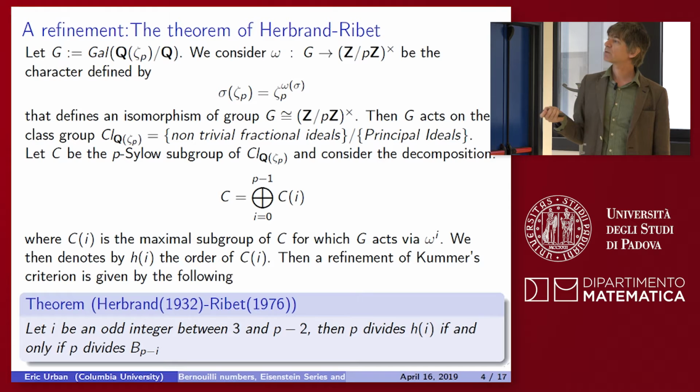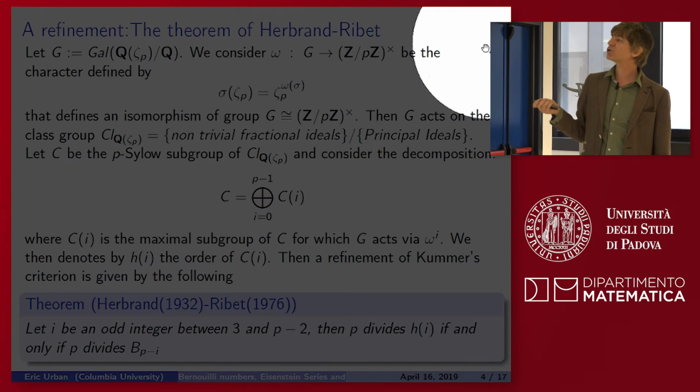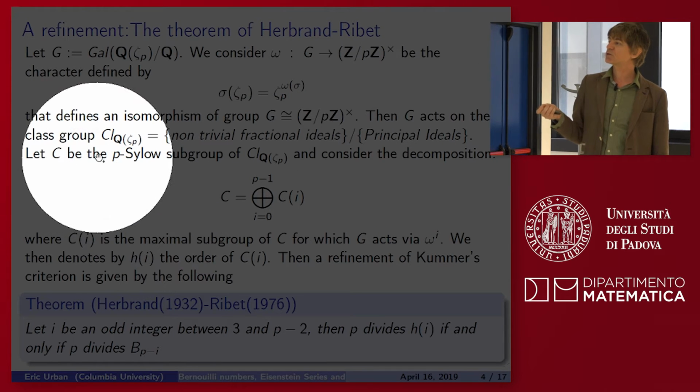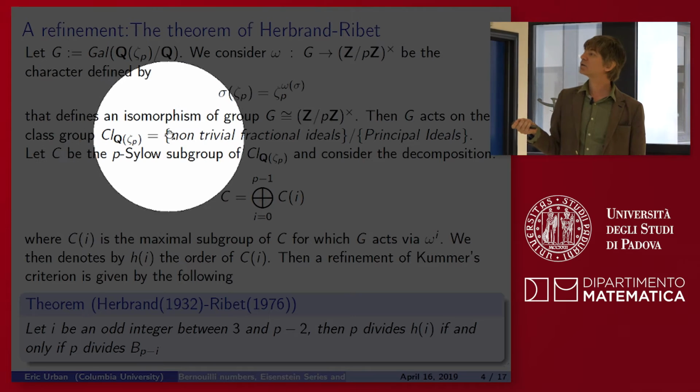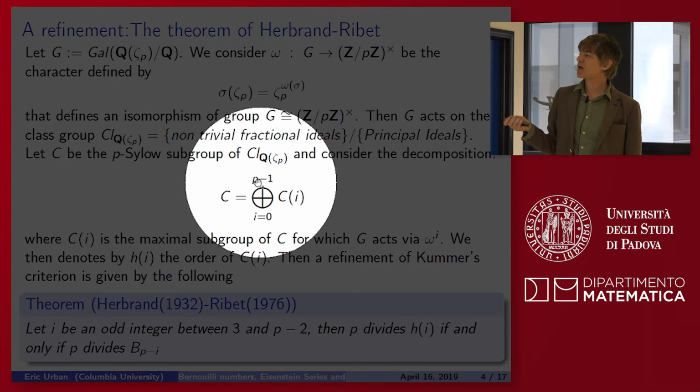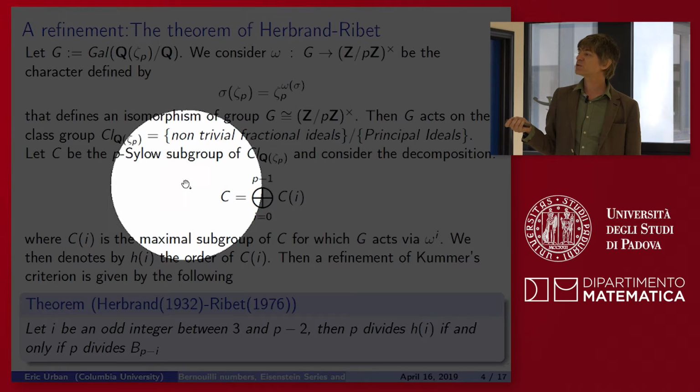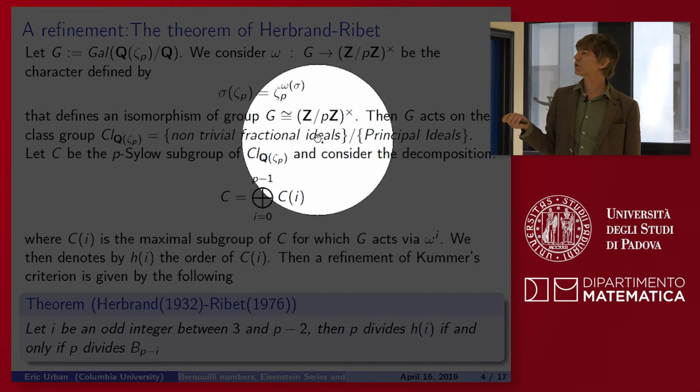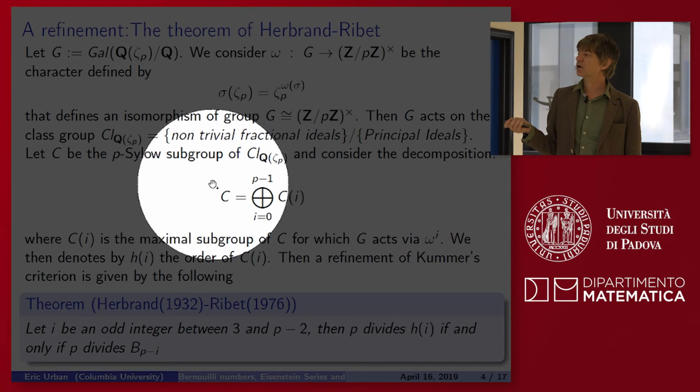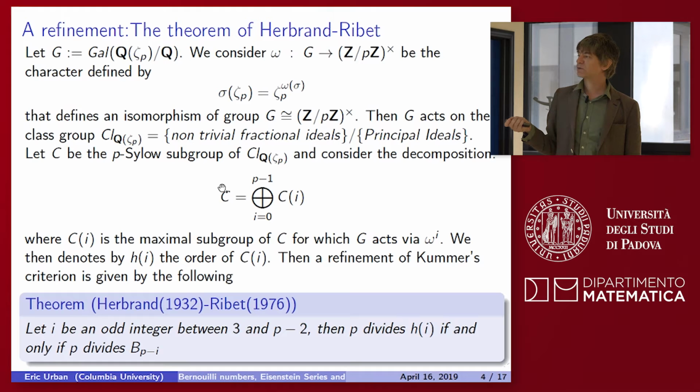It's a theorem of Minkowski. And so now you have a natural action of this Galois group G on this group here. And because this group G is abelian, you can decompose every module over which it acts like this.